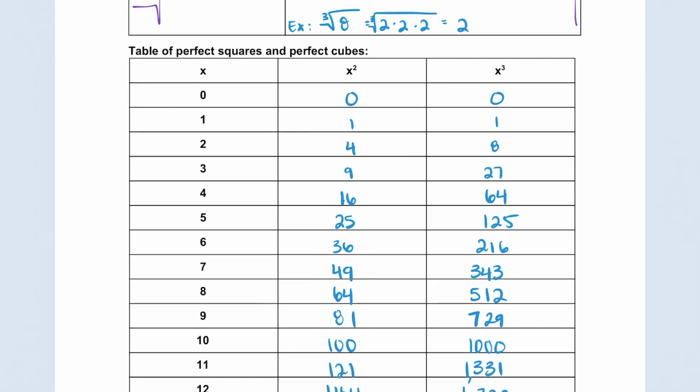I'm going to have you guys memorize all of these because they will become so useful to you in the future, right? If you can recall all of your perfect squares and your perfect cubes, then you'll notice that some things as you progress into more advanced math become a little easier, okay? So go ahead, press pause, copy down this table, please, and then get to work on memorizing that, all right? Okay, but let's keep going.